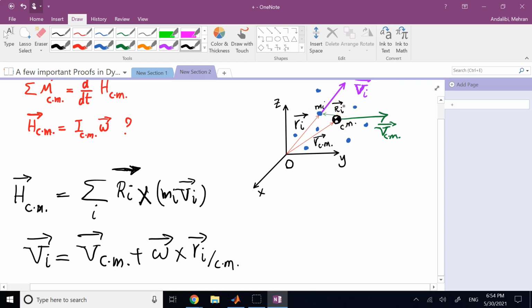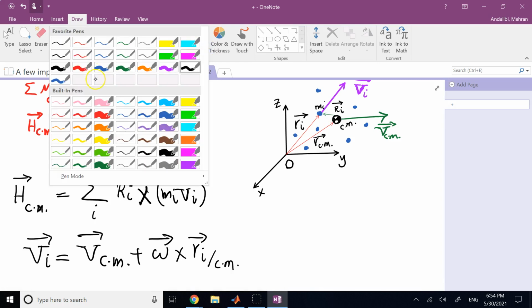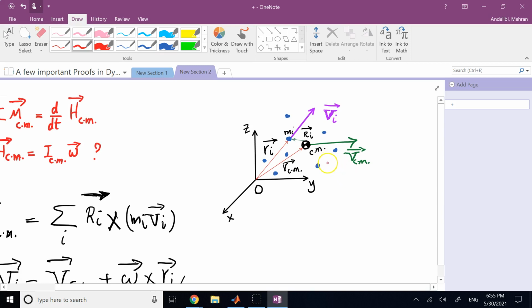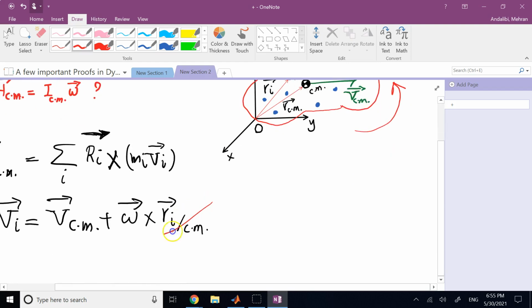Capital Ri. Correct? Again, I emphasize one more time that in this scenario, all of the system is a rigid body. The particles and the rigid body are constrained to move together. So here you have this vector omega. So again, this is the definition of capital Ri. Good?